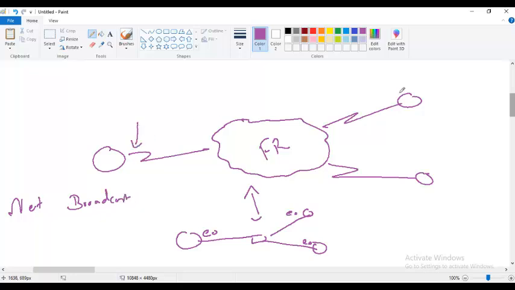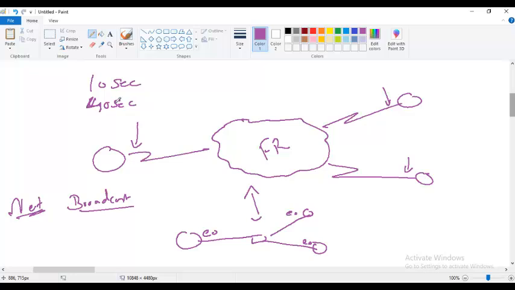When you configure broadcast, it will start sending hello packets every 10 seconds over the frame relay. Dead timer 120 second, no, 40 second. Usually on the frame relay, it is 30 and 120. But now, because you have made it broadcast over the frame relay, it is giving you the experience of an Ethernet environment.